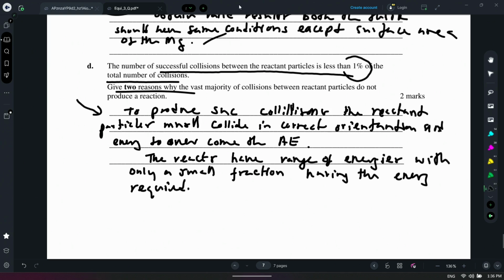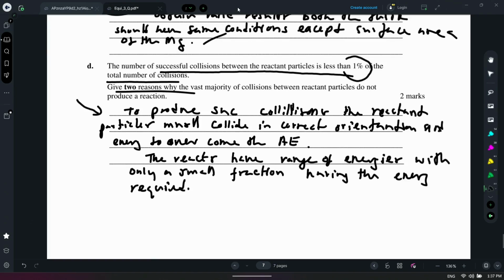What we are saying is that particles possess various ranges of energy. In other words, not all the particles will have the same amount of energy. If you remember the Maxwell-Boltzmann distribution curve, it shows the amount of energy the particles have. So there is a range of energy.